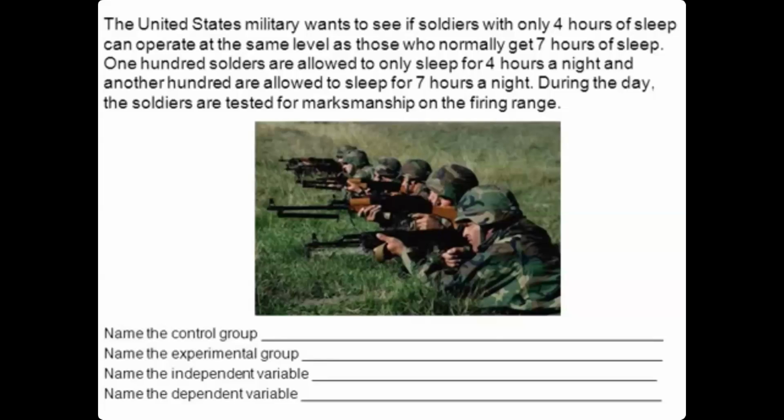What is the control? It's something that doesn't change, right? So if control is something that doesn't change, that would be the soldiers that were allowed to sleep 7 hours at night. That's supposedly their normal sleep.